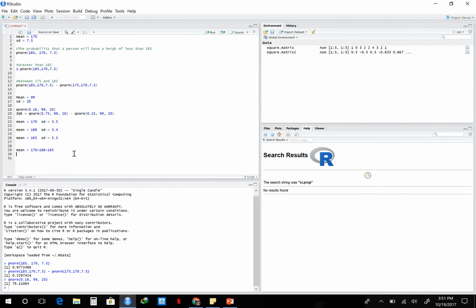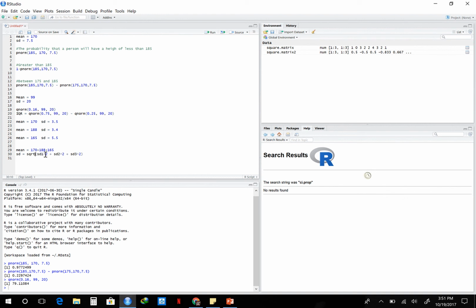For standard deviation, it's kind of different. We have to square each of the standard deviations first. So it'd be standard deviation 1 squared plus standard deviation 2 squared plus standard deviation 3 squared. And then at the end, we square root that.